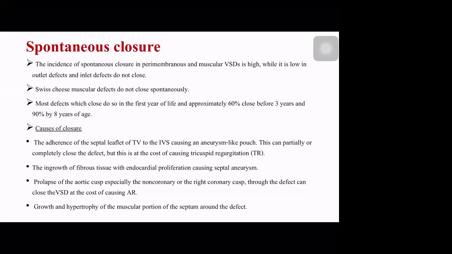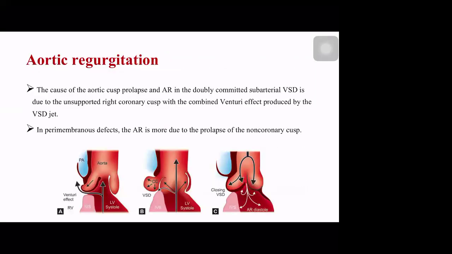Number three, prolapse of the aortic cusp, especially the non-coronary or the right coronary cusp through the defect, can close the VSD, but at the cost of causing aortic regurgitation. For muscular VSD, growth and hypertrophy of the muscular portion of the septum around the defect cause spontaneous closure of the ventricular septal defect.